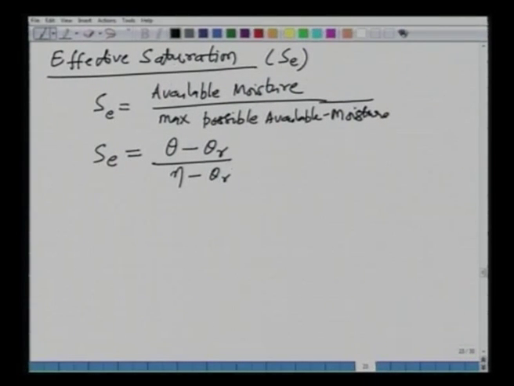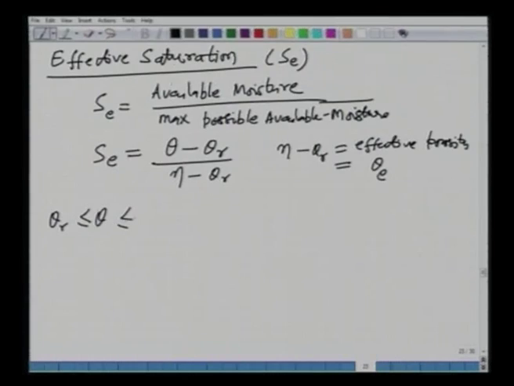But eta minus theta r we have defined as the effective porosity, let us say, theta e. So, when your theta varies between theta r and eta, what will be the limits of your SE?